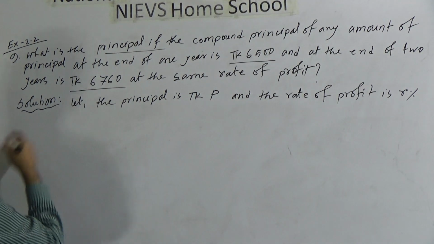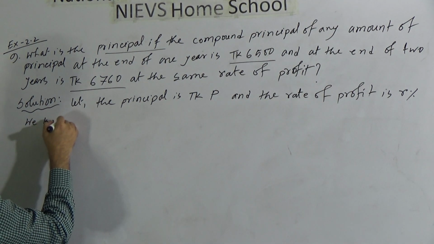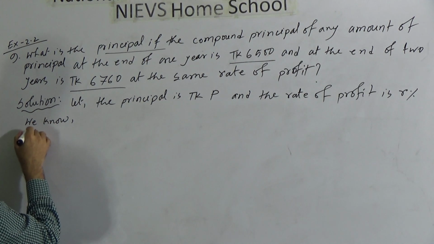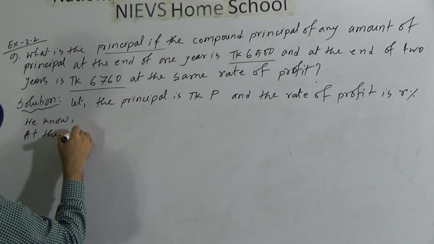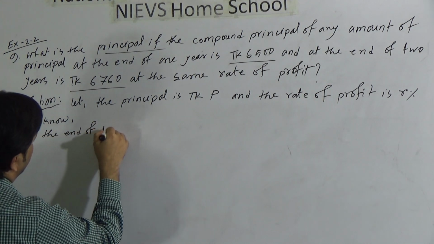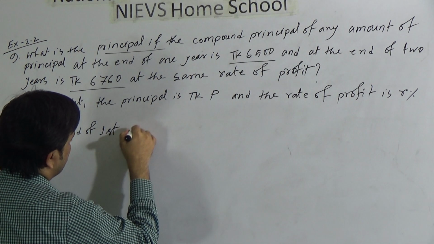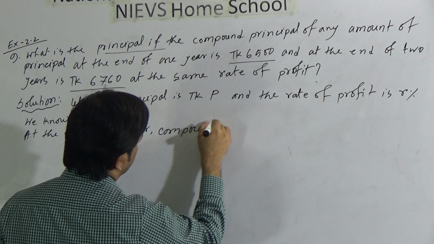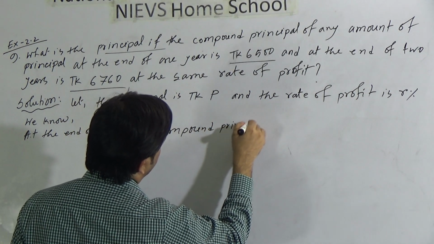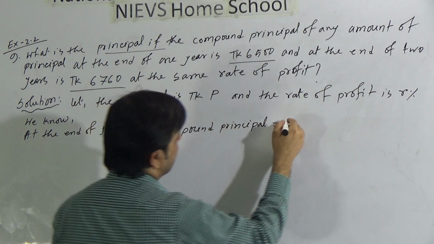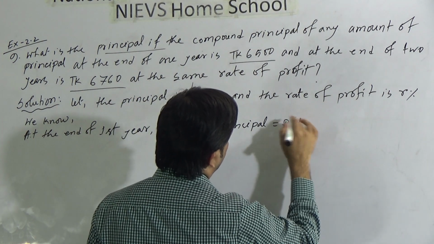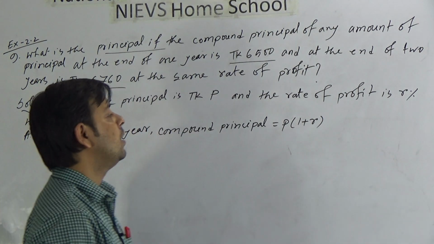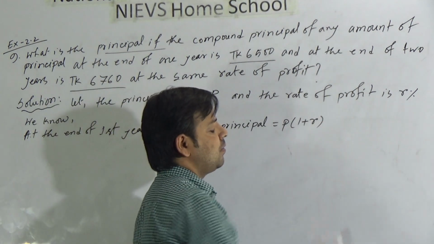So we know at the end of first year the compound principal is equal to P into 1 plus R. As this is at the end of 1 year, no need to give the power 1 here.